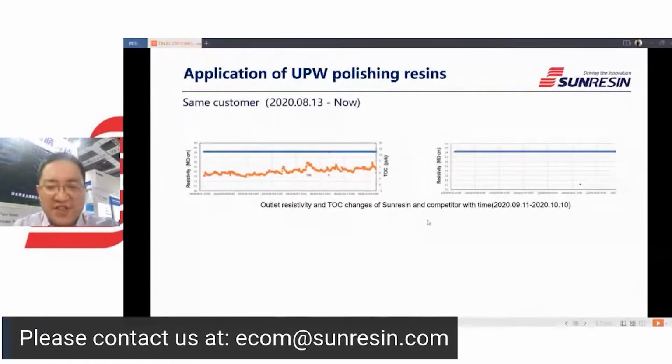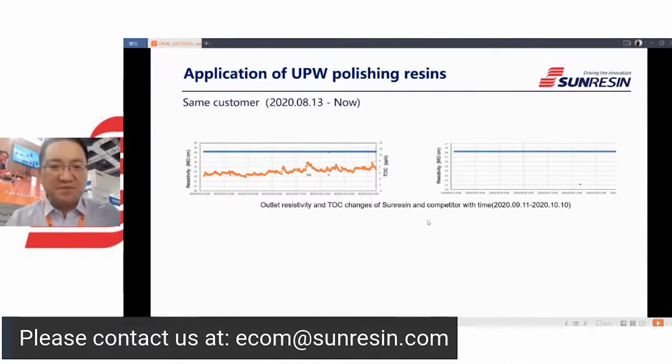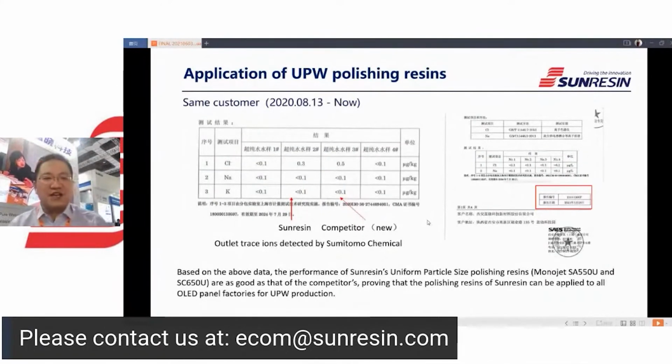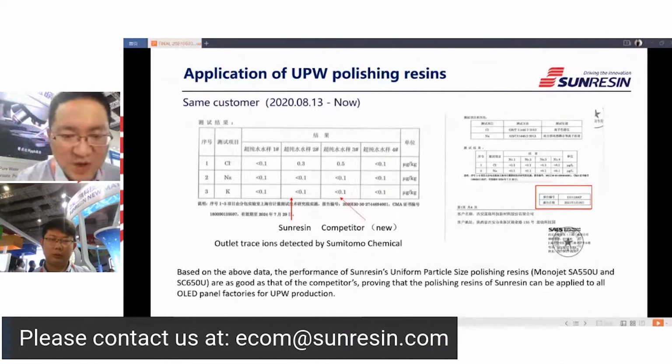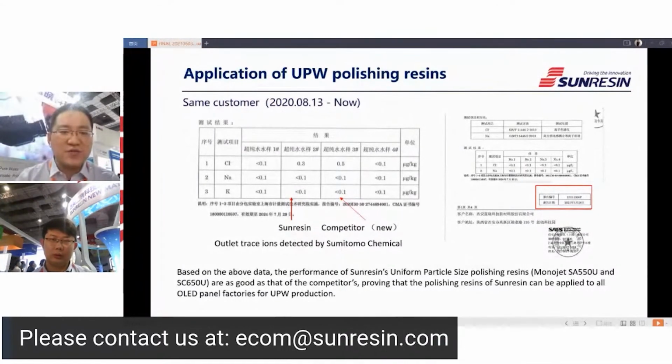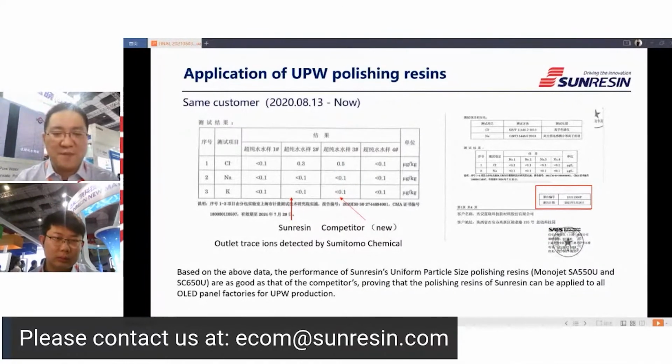Here are some other tests: long-term resistivity and TOC data changes of Sunresin and the competitor over time, from November to October. We have also tested trace ions, such as chloride, sodium, and calcium, by a third party, Sumitomo Chemical in Shanghai, comparing our Sunresin products and the competitors.